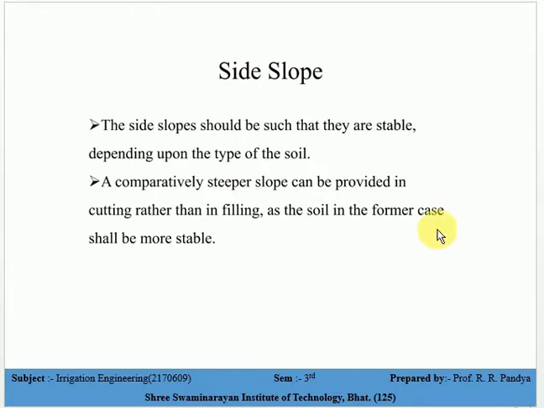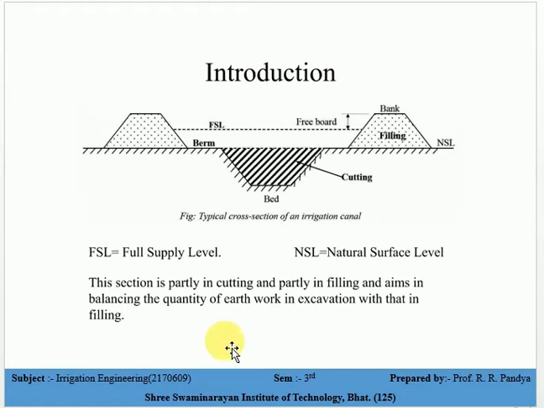That means, let's move again to the figure. This is the cutting, right? So you can provide the slope steeper. Okay, this is the figure of the most economical section. But if it is a normal canal, then this top should be from here at this place.